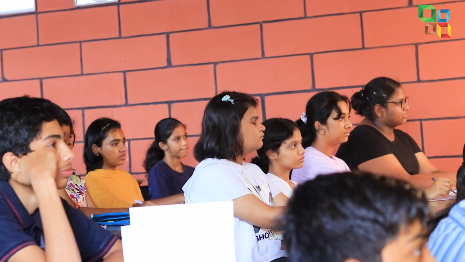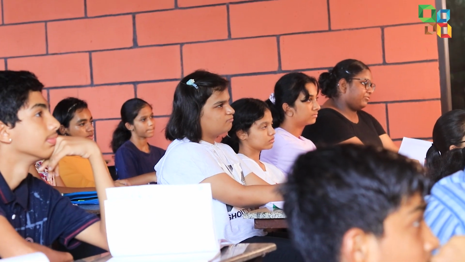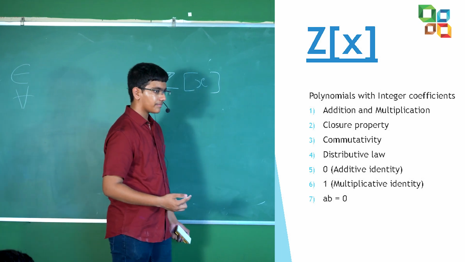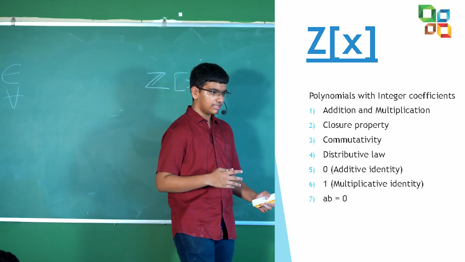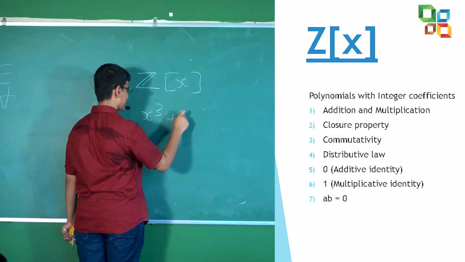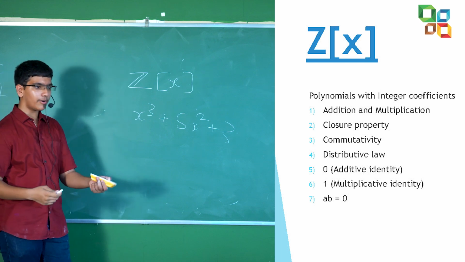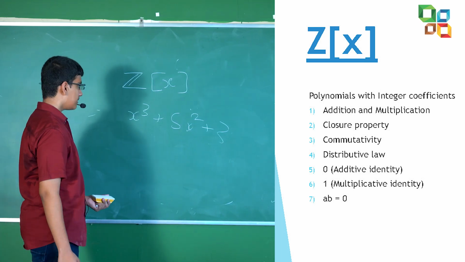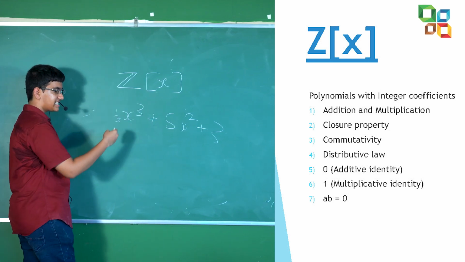If the coefficients are integers, it is a part of Z of x. So it's basically polynomials with integer coefficients. An example is x cubed plus 5x squared plus 3, some random polynomial which you can think of. But you can't have something like 1 by 3 here, because 1 by 3 is not an integer.